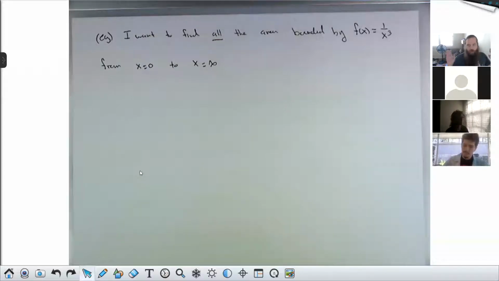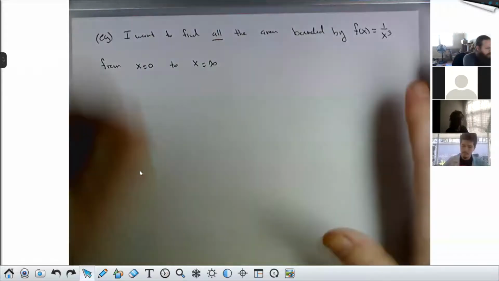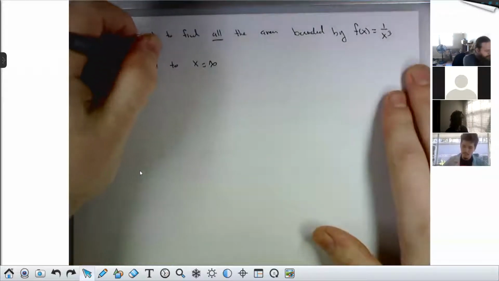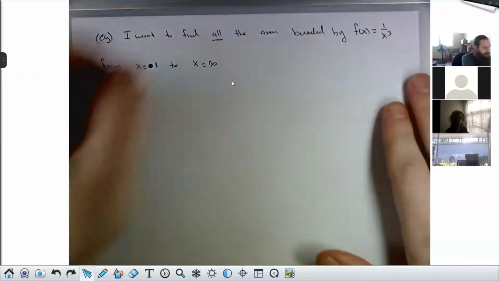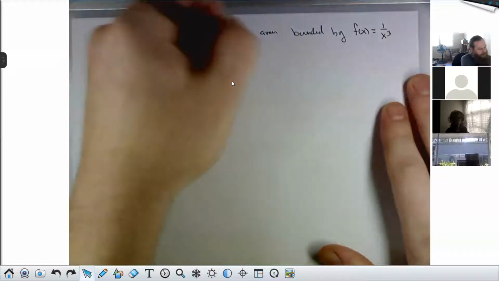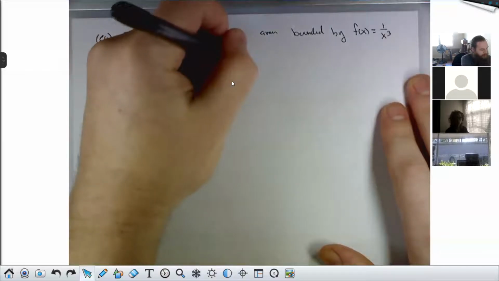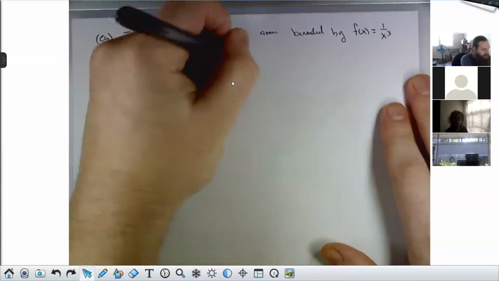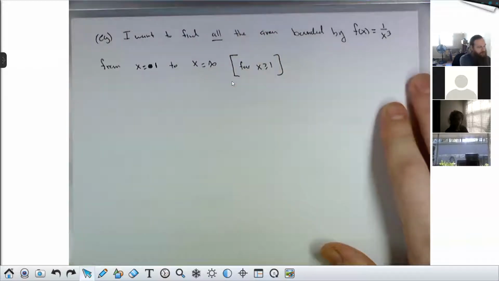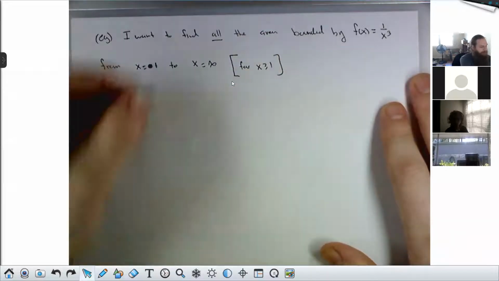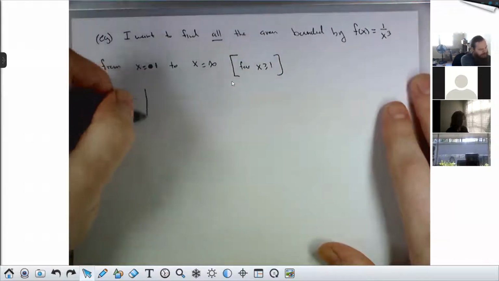All of it, all the area under 1 over x cubed. Normally writing something like x equals infinity is a bit of a faux pas. So if we wanted to say this more carefully, we would say all the area bounded by 1 over x cubed for x greater than or equal to 1. That would really be the right way to say this.